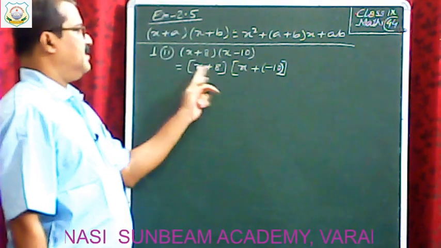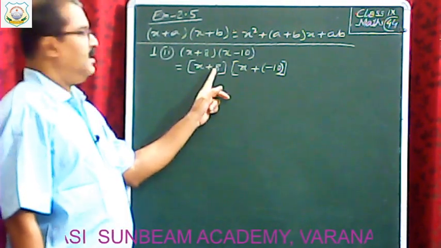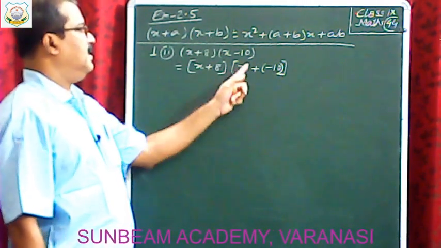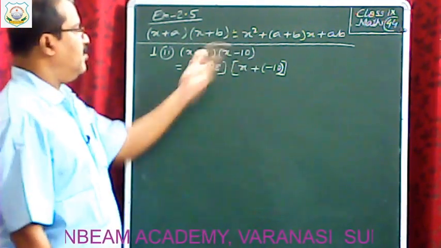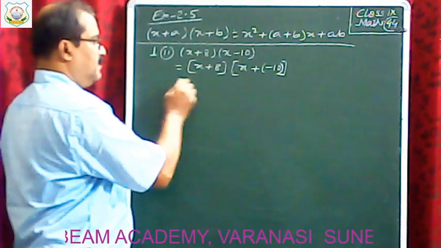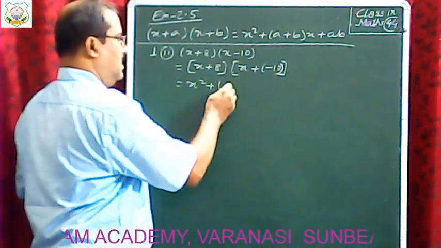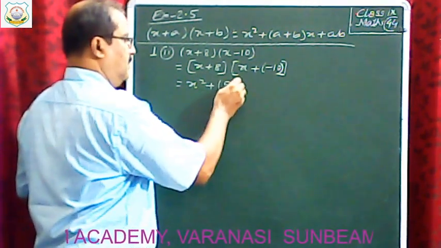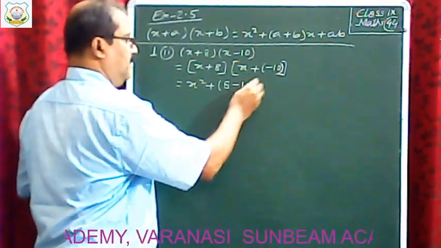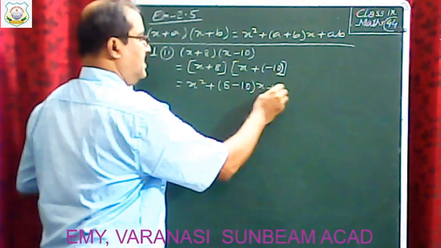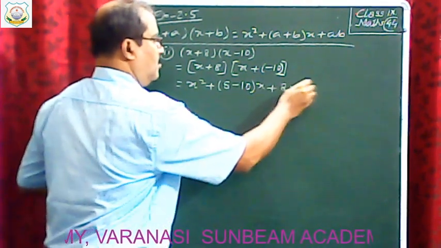Clear? So a is 8 and b is minus 10. X plus a, x plus 8. Okay. So a is 8, x plus b, x plus minus 10. So b is minus 10. Okay. Thereafter, according to identity, you have to follow. That is equal to x square plus a plus b, x plus ab, 8 into minus 10.